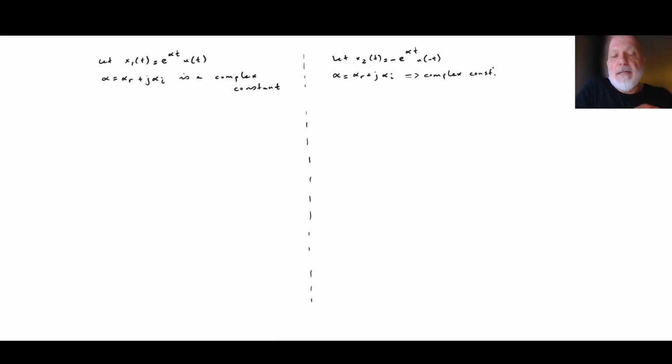Now it is clear that x1 of t is non-zero only for positive values of t, and x2 of t is non-zero for negative values of t. So x1 of t is therefore right-sided, and x2 of t is left-sided.